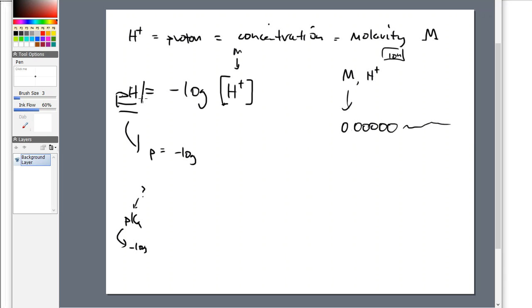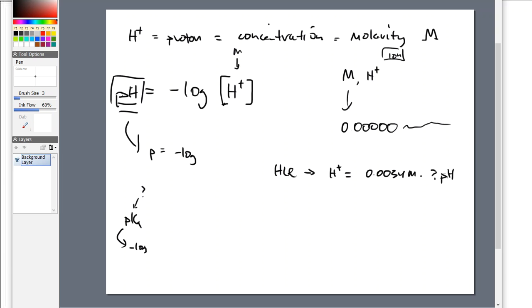So if I need to calculate the pH, I literally just take the negative log of the hydrogen concentration. For instance, if I get a word problem, and the word problem says, oh, you've got hydrochloric acid, and the hydrogen ion concentration of hydrochloric acid is 0.0034 molarity.